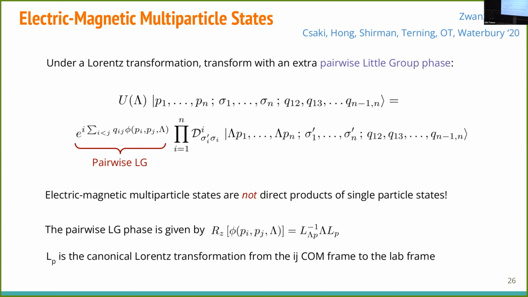We formally define these in our PRL. This repeats the process of the usual definition of the S matrix through Wigner's method of induced representation, only working in pairs. Now I have a reference state, which is the center of mass of the charge and the monopole, and there I define the unitary representation of the little group, and now I boost it to any other frame, and I get a phase here.